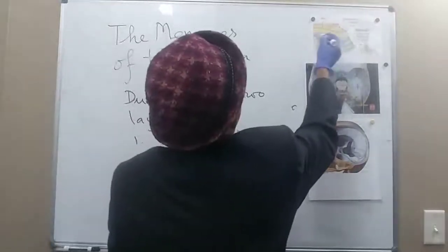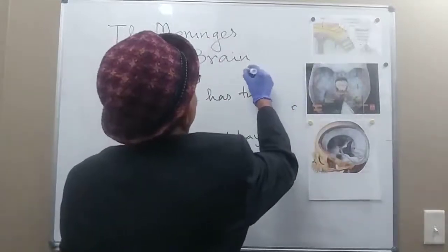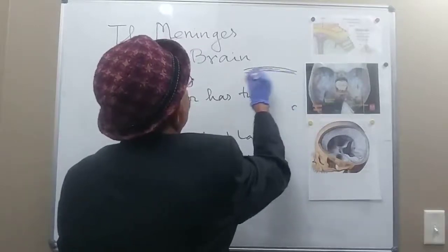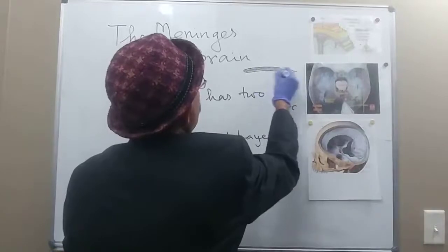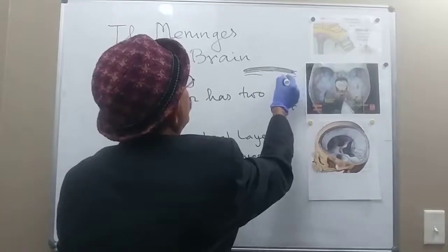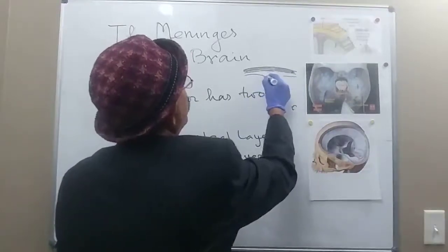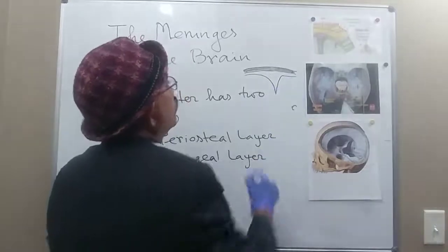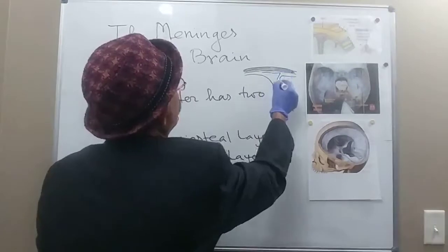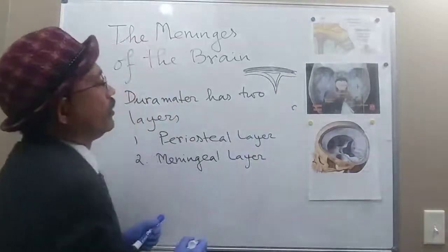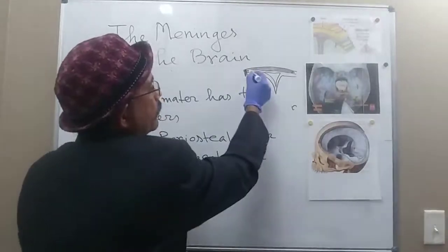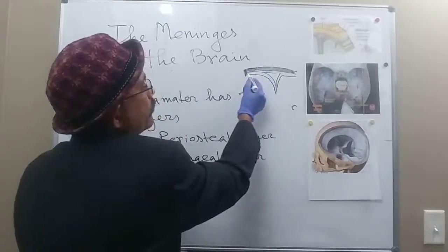So if we go to that figure, this is the periosteal layer. Then we have the meningeal layer inside it. The meningeal layer has some splitting in some places, where we get the dural venous sinuses. If you think this entire part is the dura mater, then this is the periosteal layer and this is the meningeal layer.